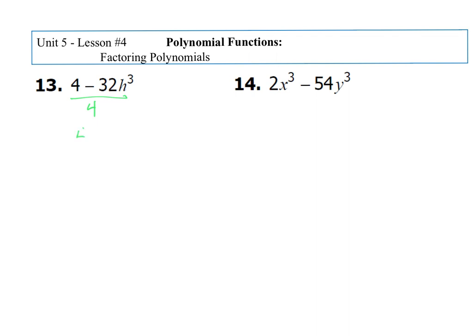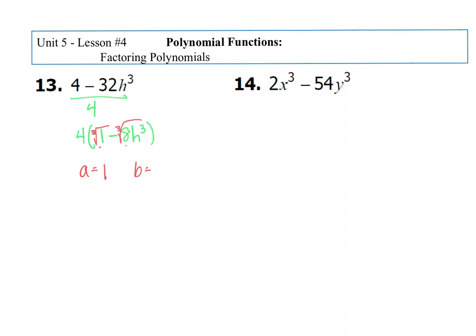4 divided by 4 is 1, minus sign. 32h cubed divided by 4 is 8h cubed. And again, I like this because 1 and 8 are both perfect cubes. So again, let's find out what a equals and what b equals. We're going to take the cube root of 1 to get our a value, and that is 1.